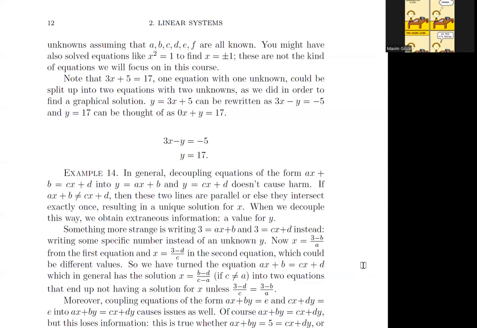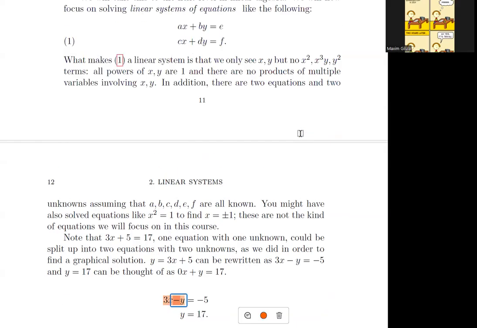So 3x plus 5 is 17 is one equation. There's only one equal sign between two things and one unknown. The strategy to graph it was to split it up into two equations, like y equals 3x plus 5 and y equals 17. So we could think of this one equation as two equations, and we could bring all the x's and y's to one side, like we had above with system 1.